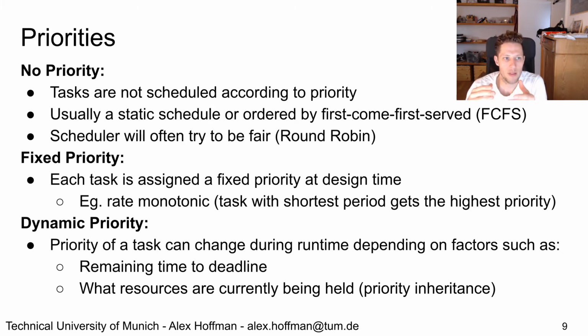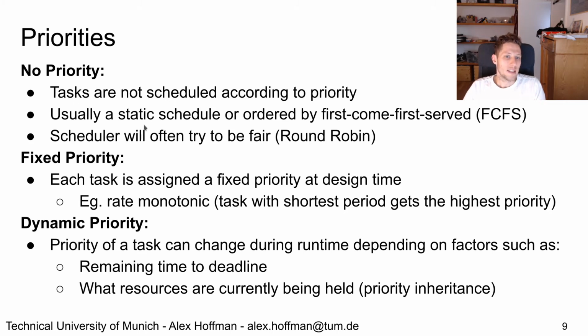There are multiple ways of choosing a priority in a scheduling policy, and you can maybe use no priority. This is used in scheduling policies where tasks are not scheduled according to priority. There can be other things used to determine scheduling order.